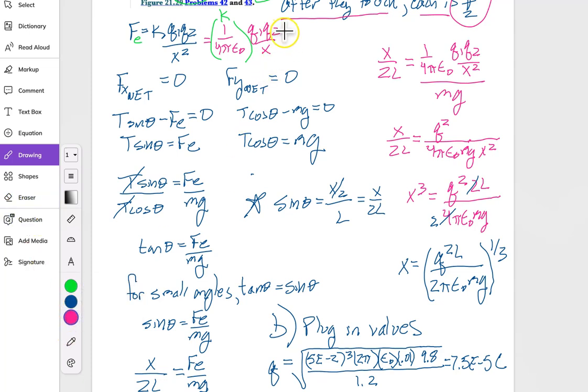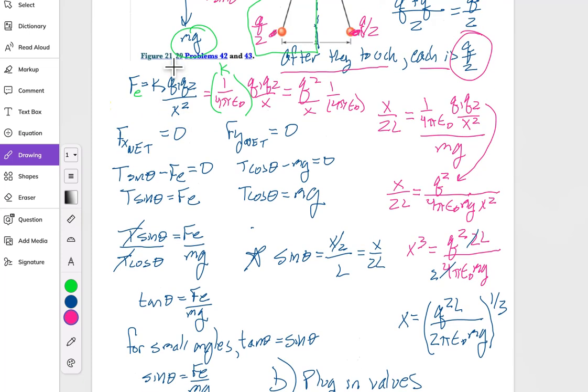So what you can do is you can write this as q squared over x squared times 1 over 4 pi epsilon naught. And so wherever you see this Q1, Q2, we made that into q squared. So let's go back over here, and we know that in the x direction, there's no net force.